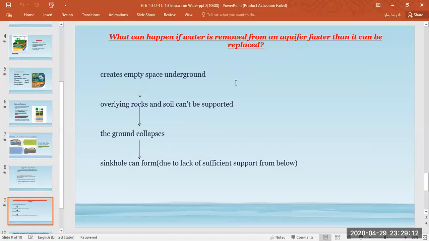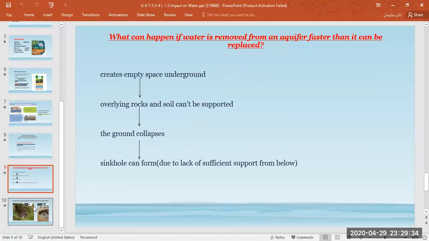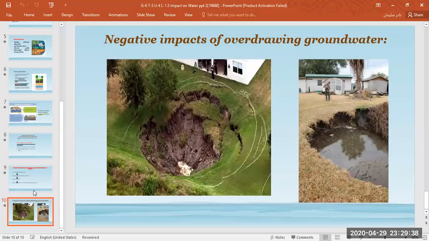These spaces cause the overlying rocks and soil layers to be not supported well. This will cause these layers to come down, and the ground will collapse. When the ground collapses, this will create a sinkhole on the surface of the land.